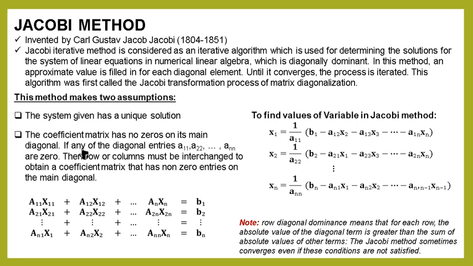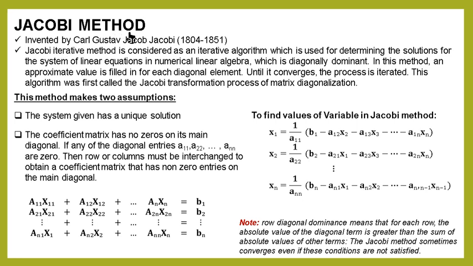If any of the diagonal elements are 0, then rows or columns must be interchanged to obtain a coefficient matrix that has non-zero entries on its main diagonal. So these two are the assumptions in our Jacobi method.